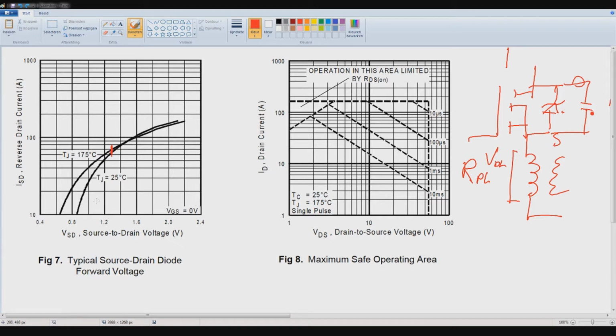And then the 25 degrees Celsius then goes a little above the current, goes a little above the 175 degrees line at a voltage of about 2.2 volts.